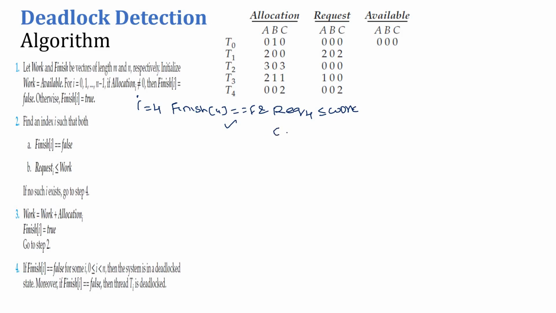Request of 4 is 002, work value 524. Condition satisfied. So work is going to be updated: work plus allocation. So work is 524 plus allocation of 4 is 002. Now the updated work value is 526.